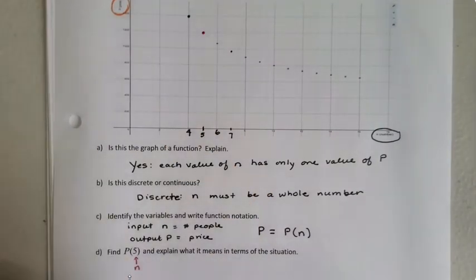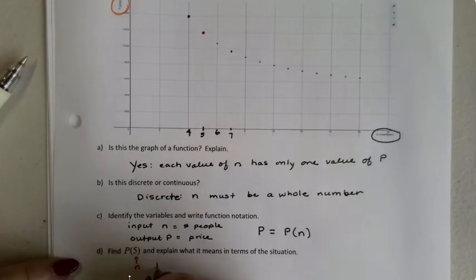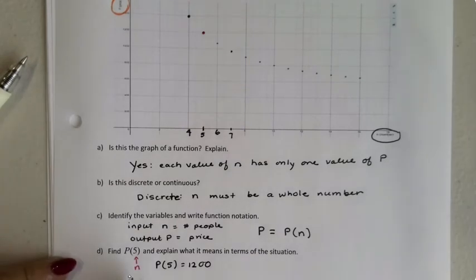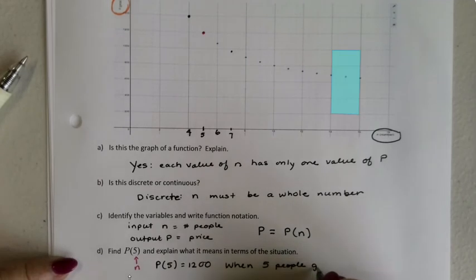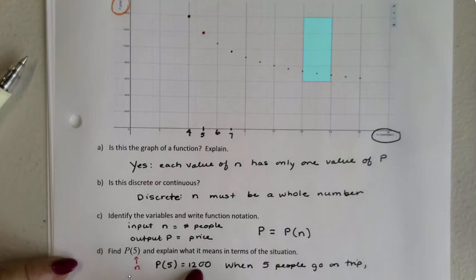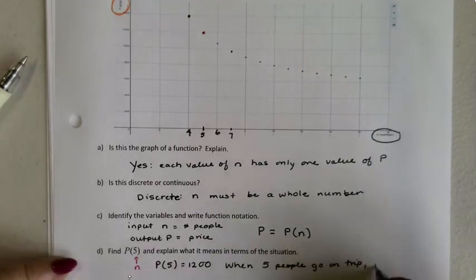So I'm going to say P of 5 equals 1200. And that means that n, the number of people, is 5. So when 5 people go on the trip, the price per person is $1,200.